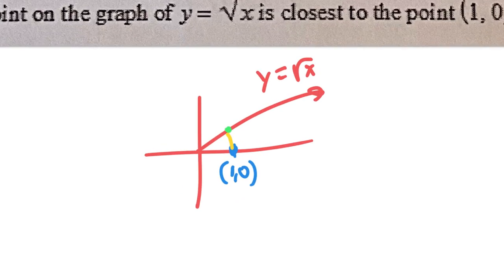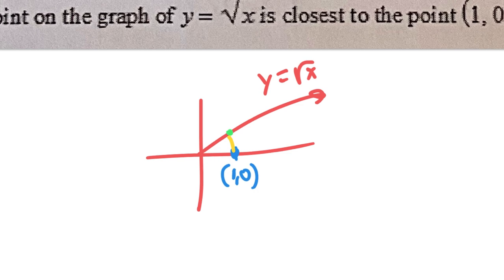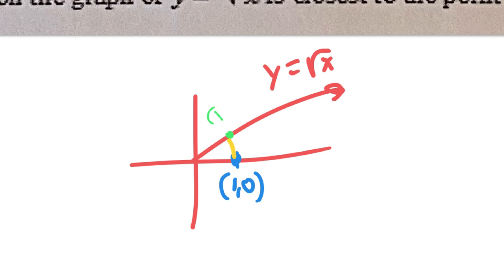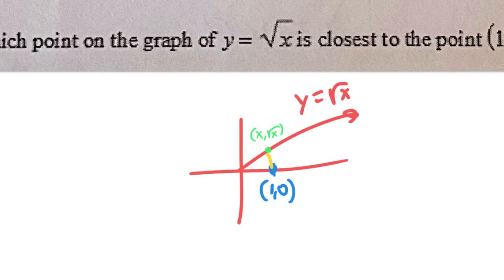So the coordinates of this green point would be x, and believe it or not, the y coordinate would be radical x. How do I know that? Because every y coordinate on this curve could be represented as radical x. So that's the insight you need for this one.